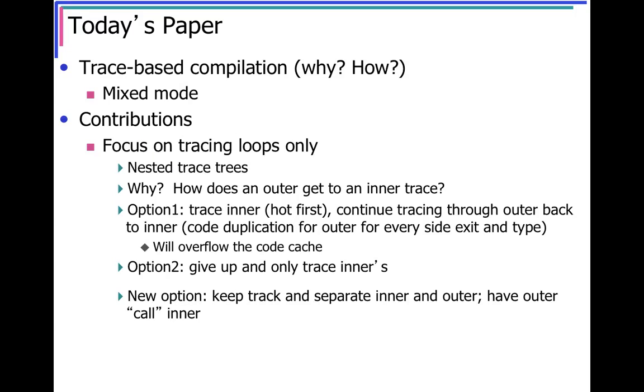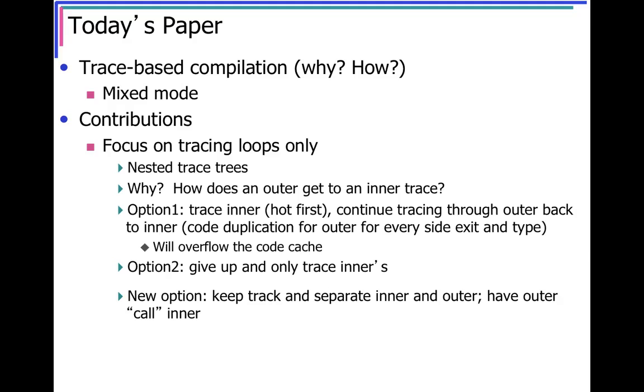The contributions of the paper are that they only focus on loops, and they identify a way of producing nested trace trees for nested loops. That is, traces that connect for nested loops without generating too much additional code.